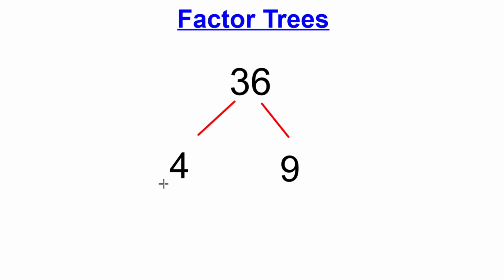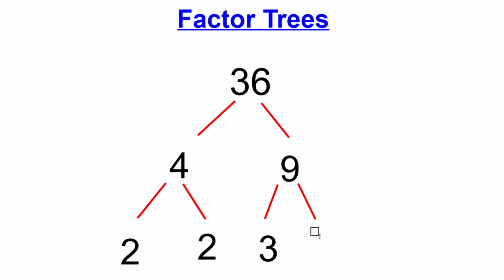But to get 4, I can branch down further because 2 and 2 gives me 4. Same with 9, my two factors, 3 and 3. Okay, so very straightforward. If you know your times tables very well, then factors are pretty easy for you.